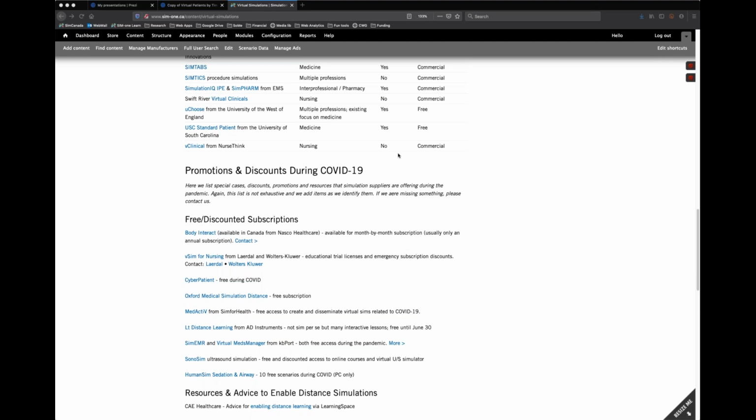We know that the use of virtual simulations is rapidly being adopted, and even if the pandemic settles and things are more or less back to normal in September, I would be very surprised if we go back to business as usual. I think the use of virtual patients to complement high fidelity and standardized patient-based simulations is likely going to endure, because we're going to see the benefits of it.